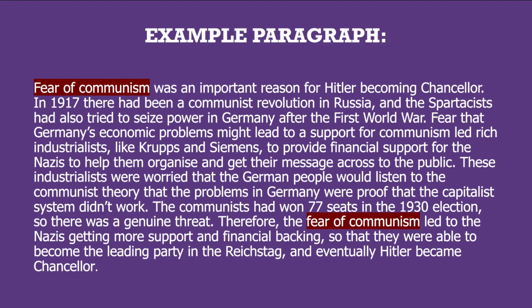These industrialists were worried that the German people would listen to the communist theory that the problems in Germany were proof that the capitalist system didn't work. The Communists had won 77 seats in the 1930 election, so there was a genuine threat. Therefore, the fear of communism led to the Nazis getting more support and financial backing so that they were able to become the leading party in the Reichstag, and eventually Hitler became chancellor.